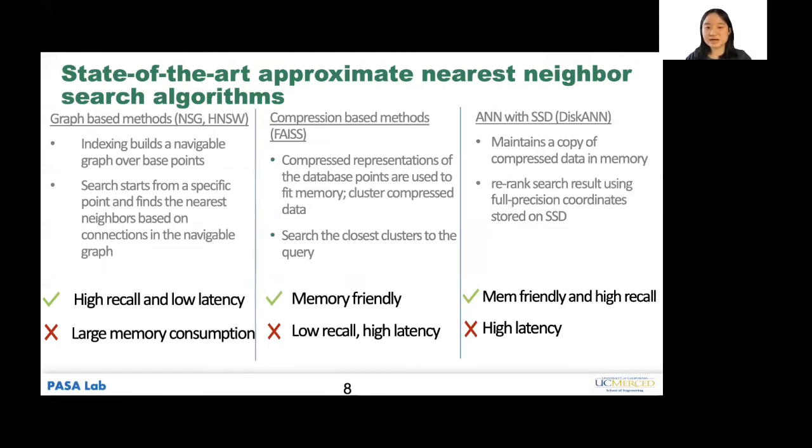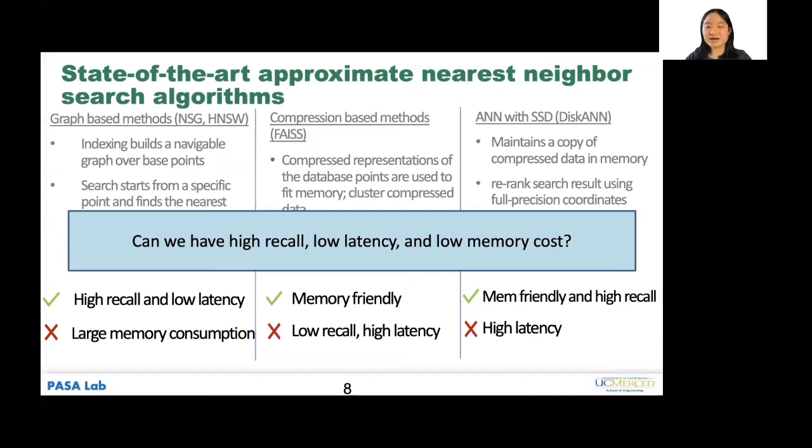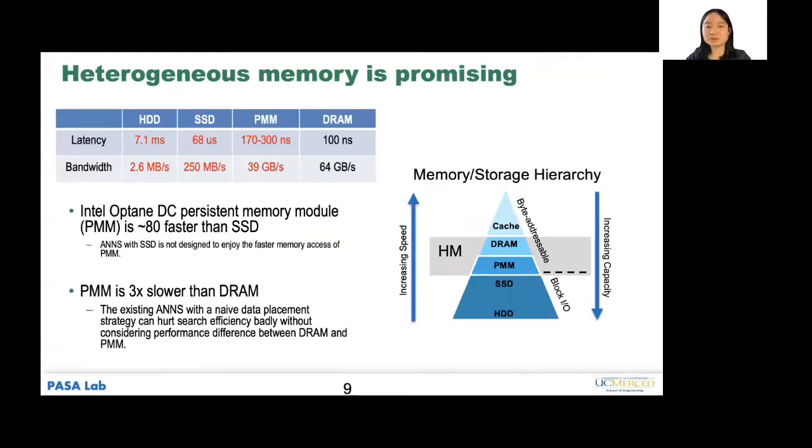It is natural to ask, can we have a fast and accurate approximate nearest neighbor search algorithm for extremely large-scale dataset search? Heterogeneous memory is promising to solve this problem. Heterogeneous memory combines a high-capacity memory technology such as PM and a high-performance memory technology such as DRAM.